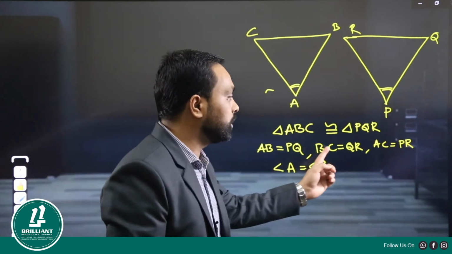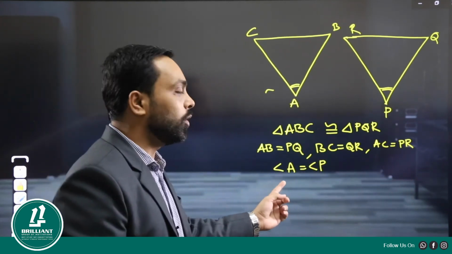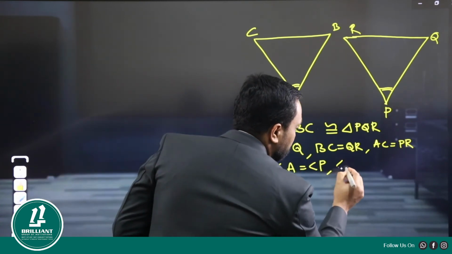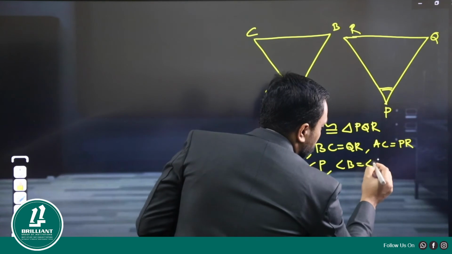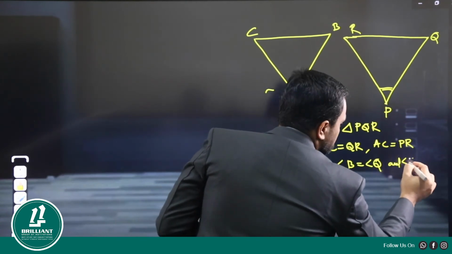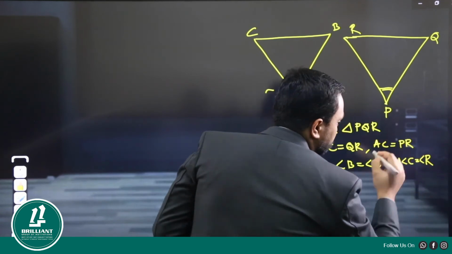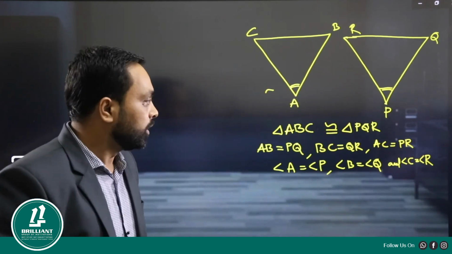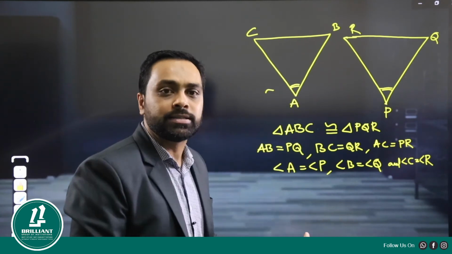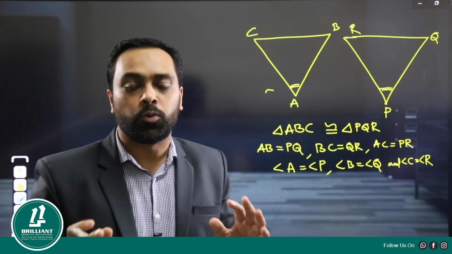So all the sides are equal as well as all the angles are equal. Angle A is equal to angle P, angle B is equal to angle Q, and angle C is equal to angle R.